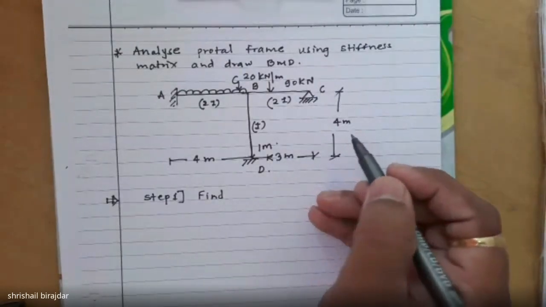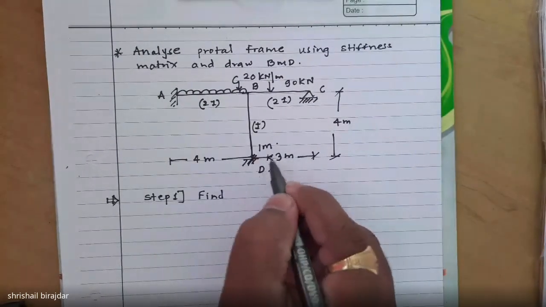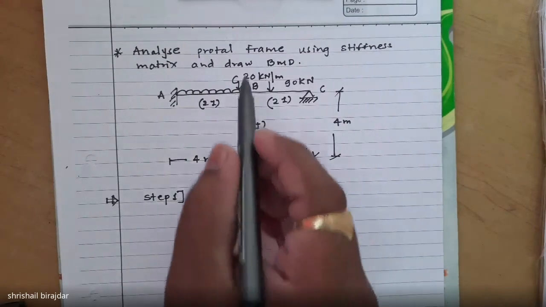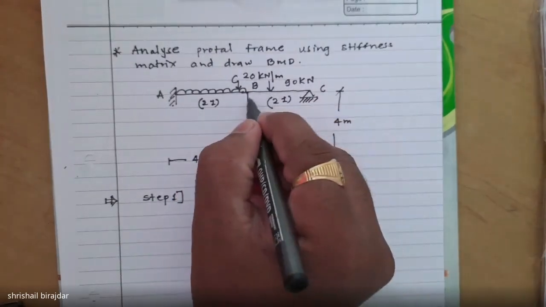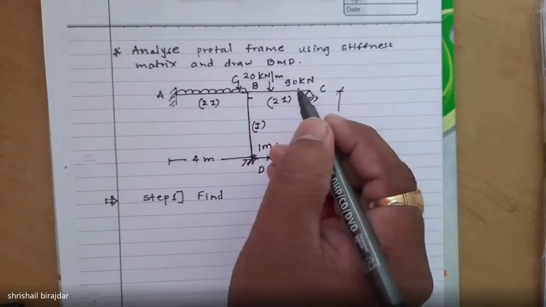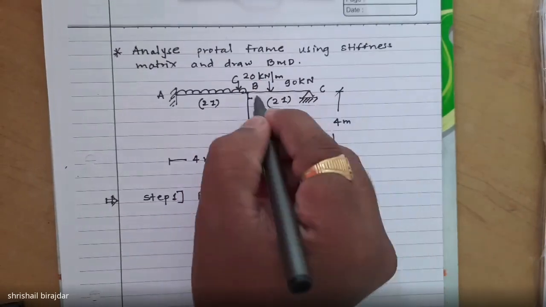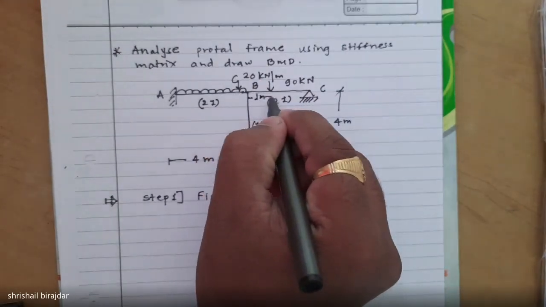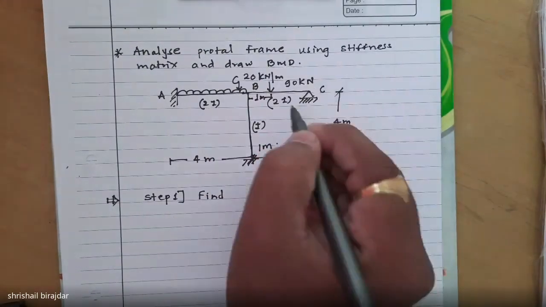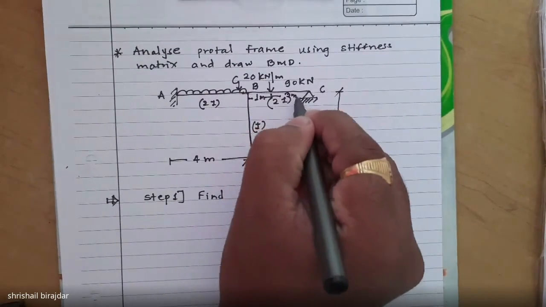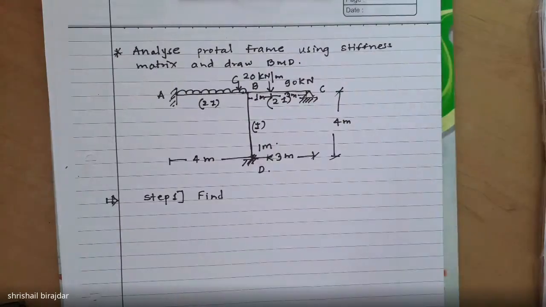Once again, you just correct it. At exact point B, the load is placed. This particular load is placed 1 meter from B support and 3 meter from the C support. So you just make it correct.